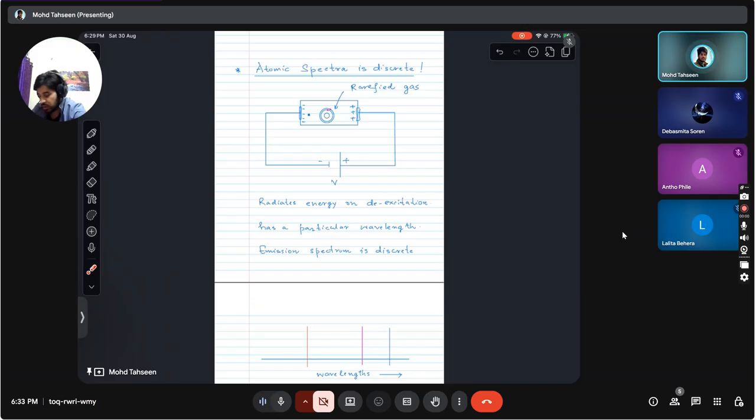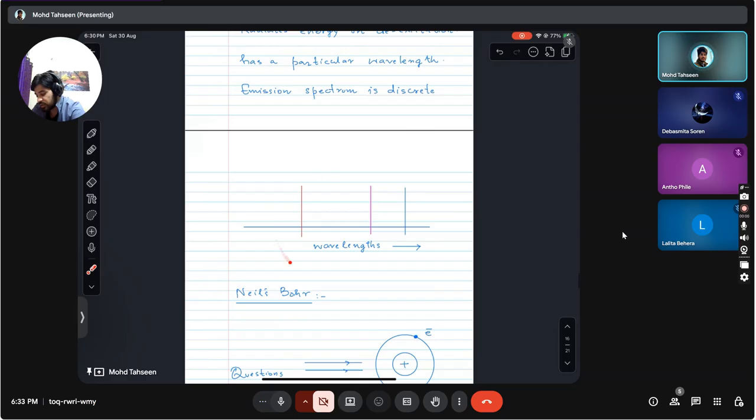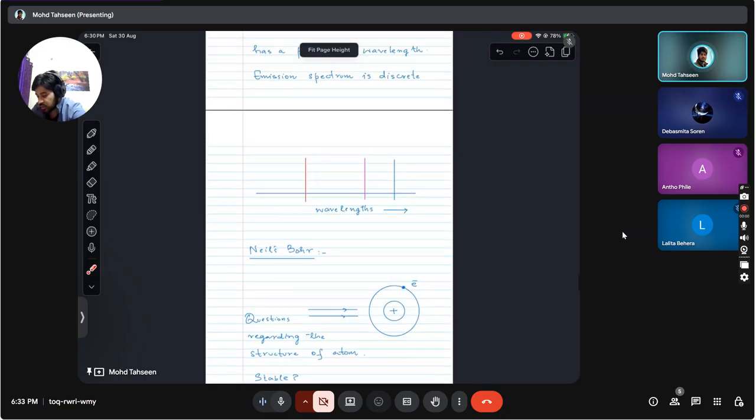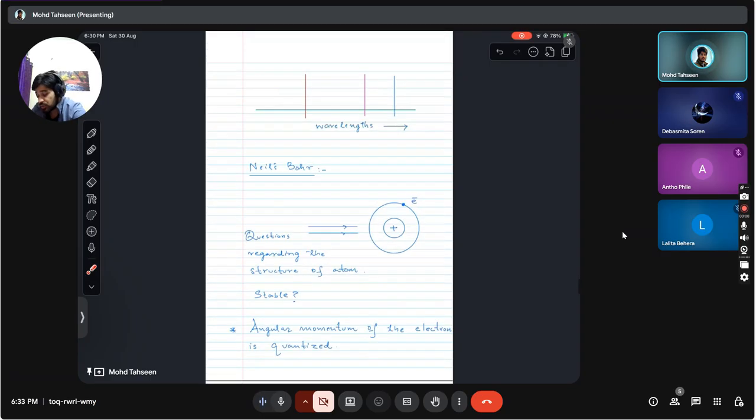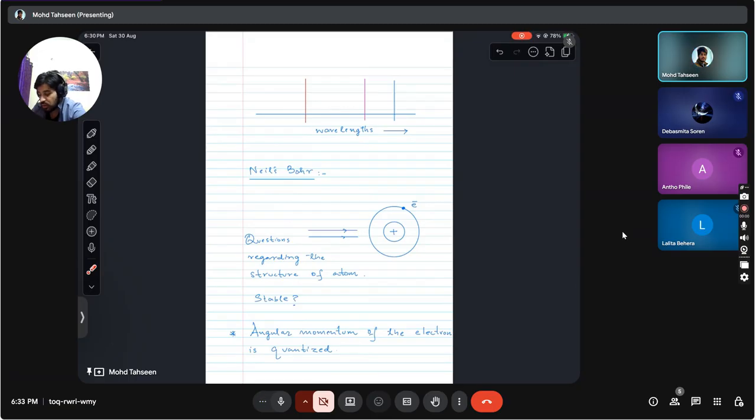It is not continuous. The spectra that we obtained from experiments did not come out to be continuous across all the allowed wavelengths, but only at certain wavelengths could we see intensity in the spectrum. And again, Niels Bohr used this concept of quantization, and he applied it to the electrons revolving around the nucleus.